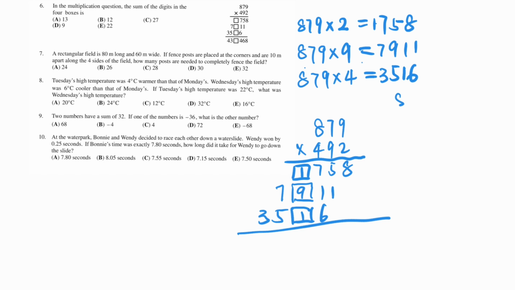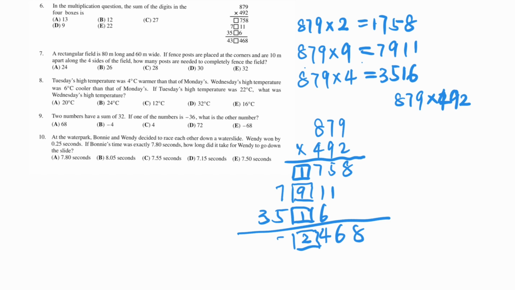Use the calculator to multiply 879 times 492. Gives us 432468. So the box is 2.